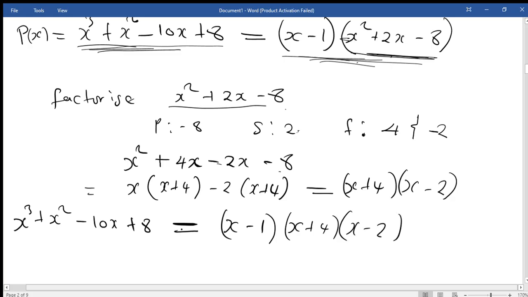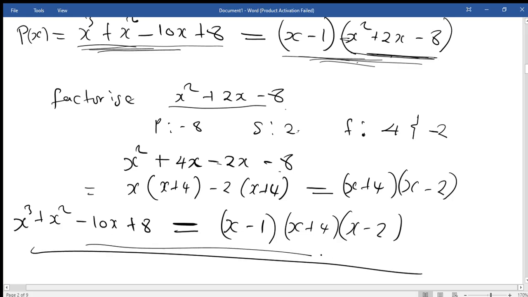This will now be a complete factorization, and you are done. So factorizing that expression, we are using the concept of the rational root theorem and also the concept of the division of polynomials, as simple as that.